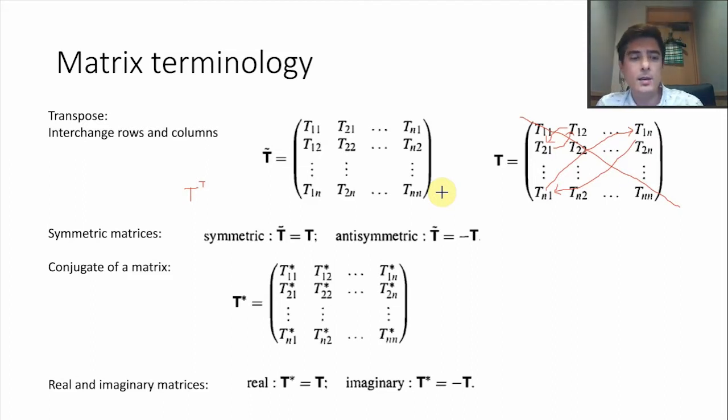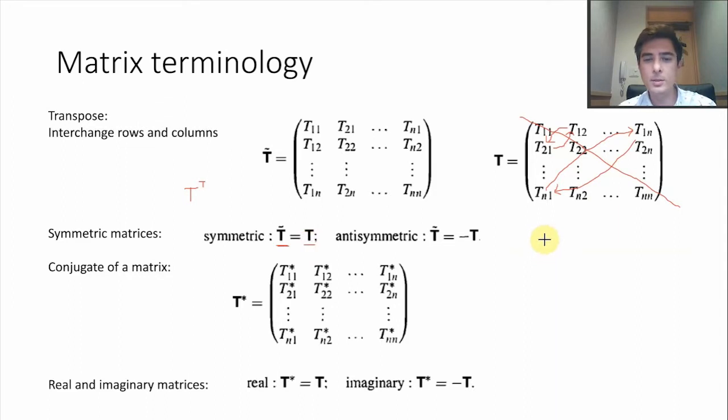These types of matrices can give special properties. For example, you can define symmetric matrices, where the transposed matrix is actually the same as the original matrix. This is called a symmetric matrix.